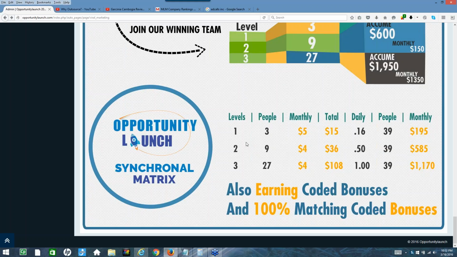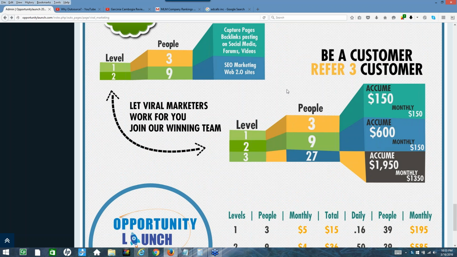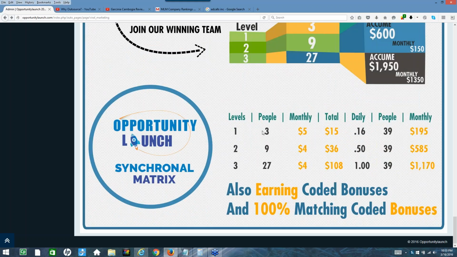So this particular example here shows you that you're getting 2 compensation plans for one. So what that means is everyone that you're putting into the viral marketing program for $300, also it's going to feed this secondary compensation plan. So you're not only making $2,000 a month from 39 customers who pay $300 one time for 12 months, but you're also earning another close to $2,000 a month at the same time for 12 months.